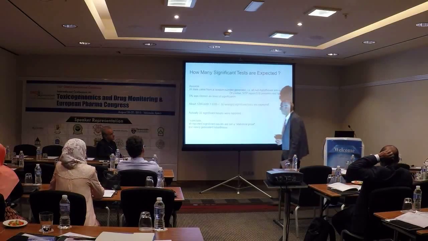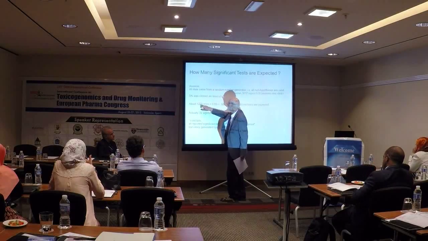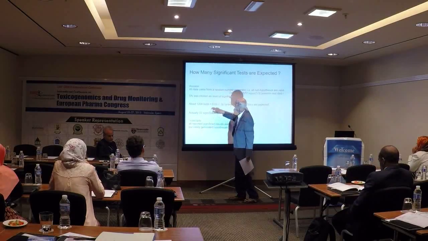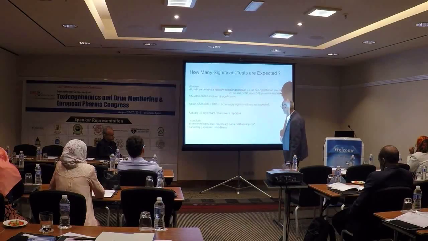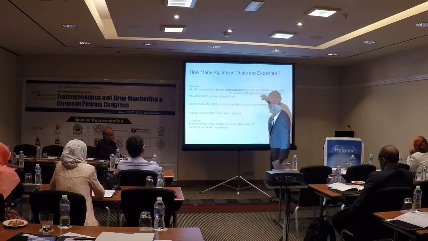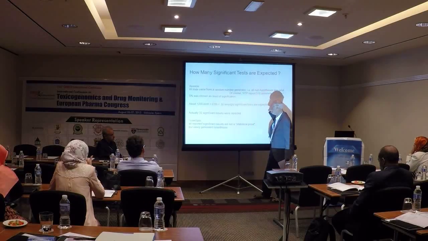And it's simple to calculate. We use again a 5% level of significance, so we have 1,200 tests. At this level of significance, we expect 60 wrongly significant tests under the assumption that the data come from a random number generator, that there's no effect at all.